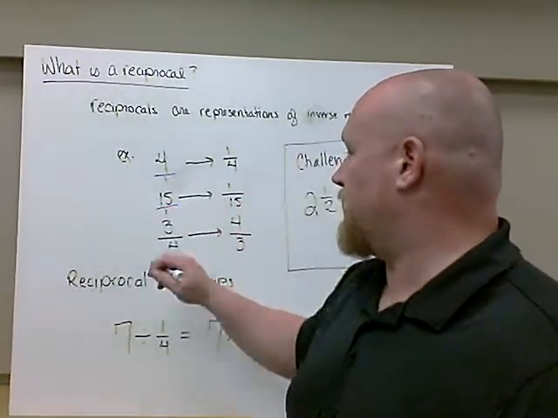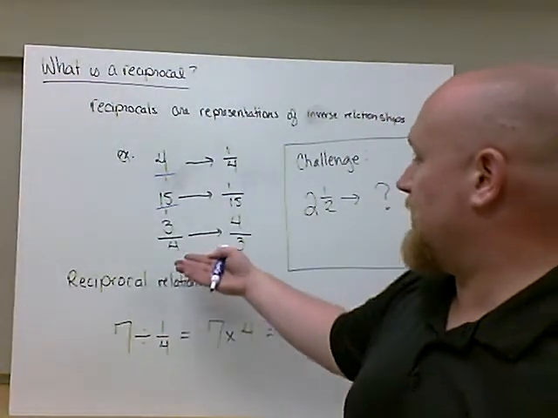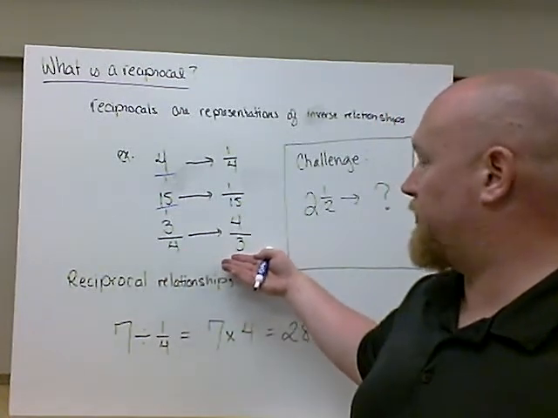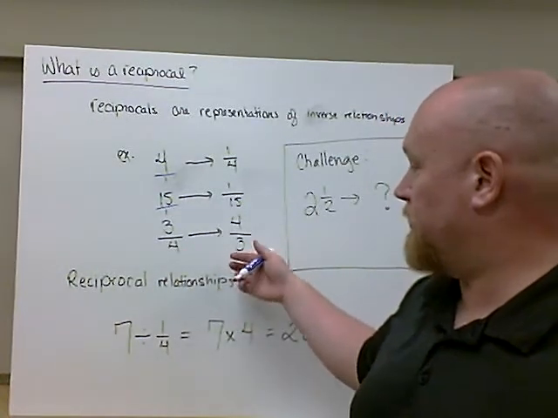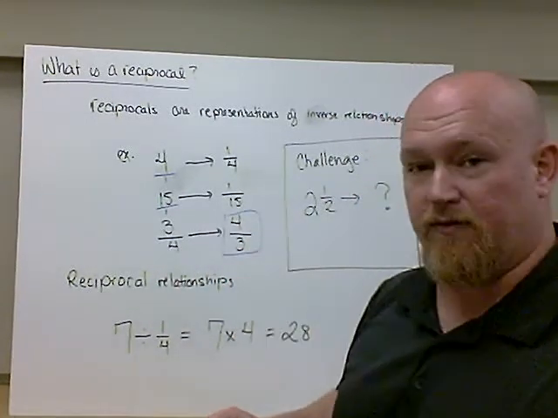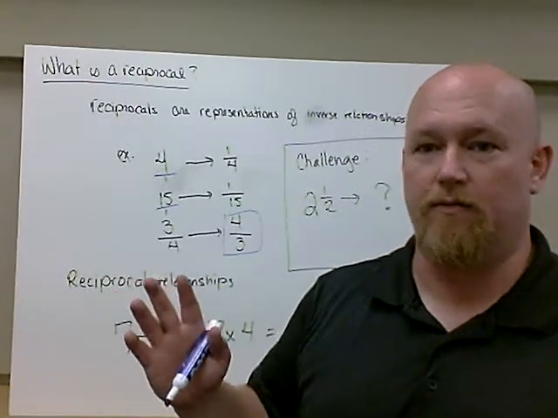We just take the numerator and the denominator and flip it. The reciprocal of 3/4 is going to be 4/3. Now, you'll notice that this becomes an improper fraction, or really a fraction that has a whole number part.